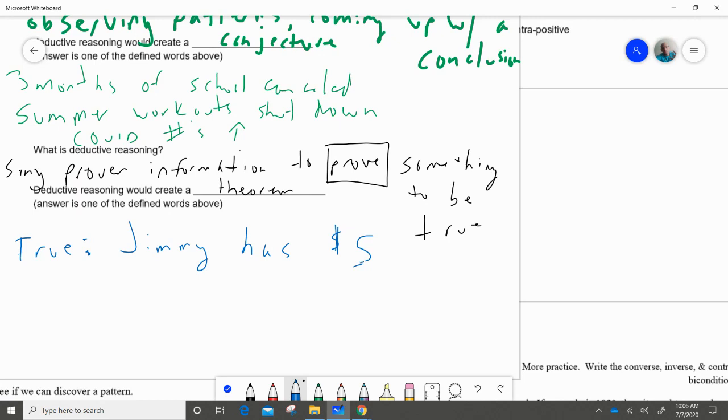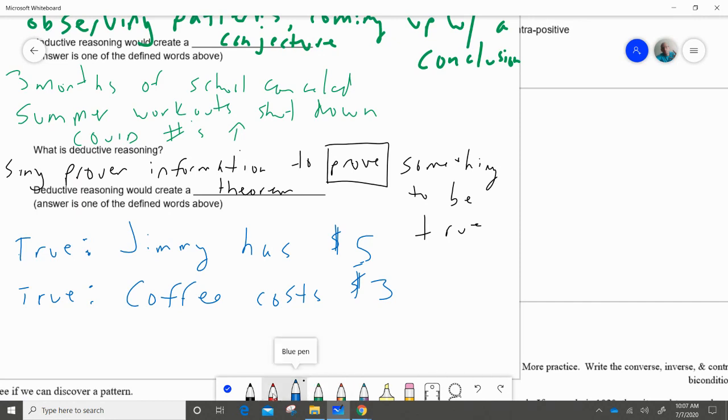And let's say that we have another true statement, that a cup of coffee costs $3. So two true statements. We know that Jimmy has $5 and coffee costs $3.